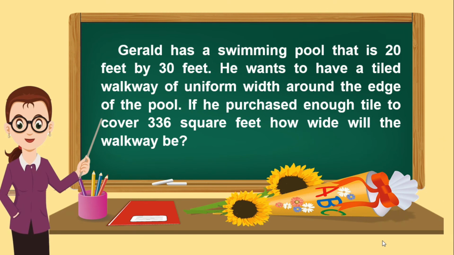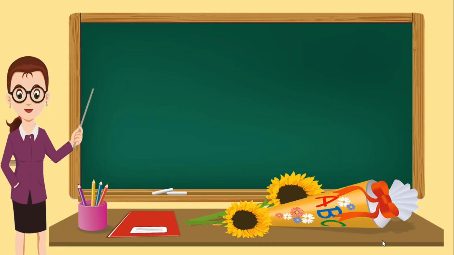He wants to have a tiled walkway of uniform width around the edge of the pool. If he purchased enough tile to cover 336 square feet, how wide will the walkway be?